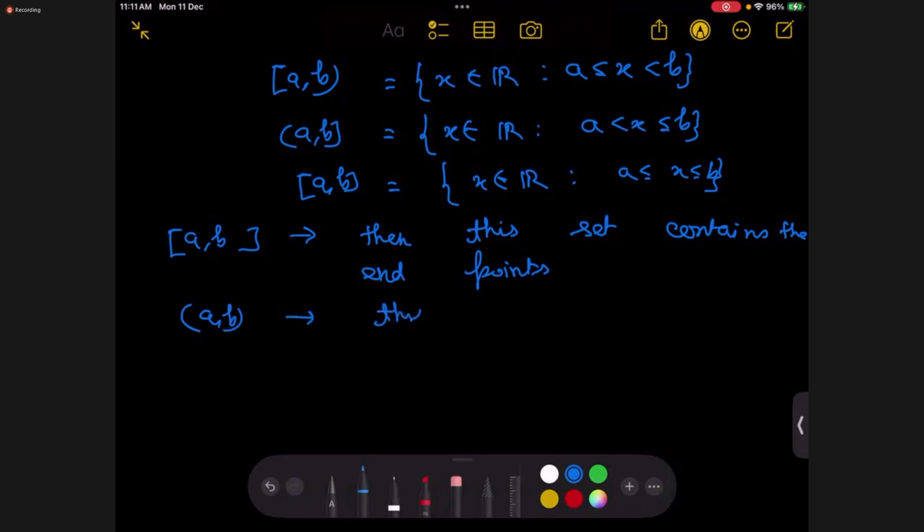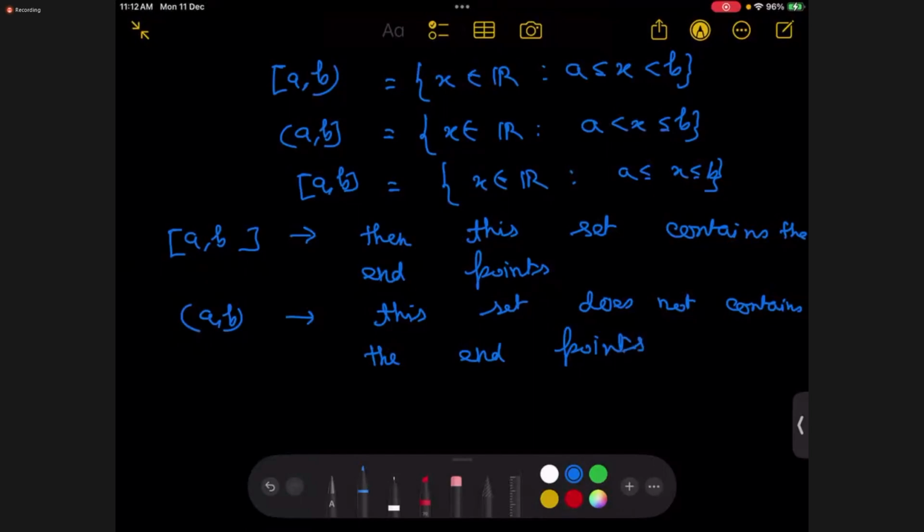This set does not contain the endpoints.